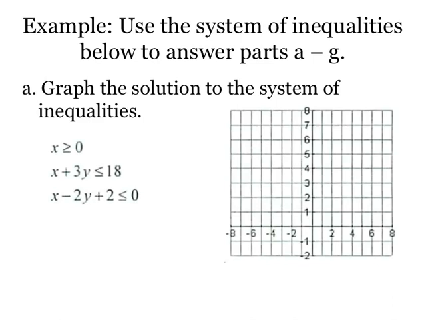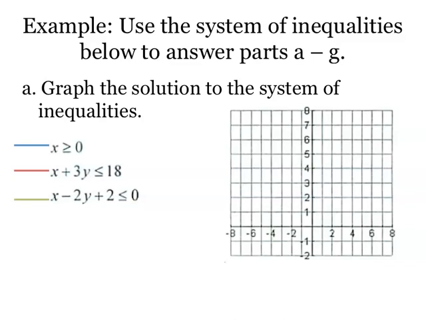So here's our example. We are going to be starting with a system of inequalities, and then there are going to be a number of different things we're going to do with them. So we have this system of 3 inequalities, and we are going to graph the solution to the system. Now I'm going to use different colors just so we can differentiate here.